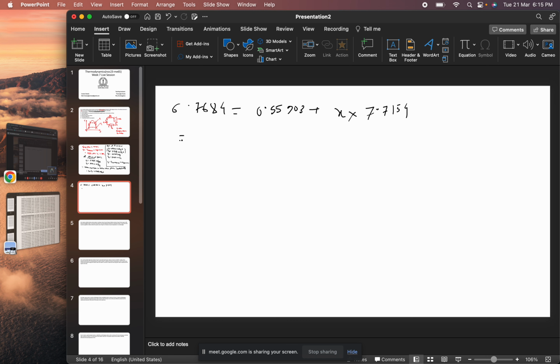Okay, and from here I will get the dryness fraction at point 2. So your x will be (6.7684 minus 0.55903) divided by 7.7154.